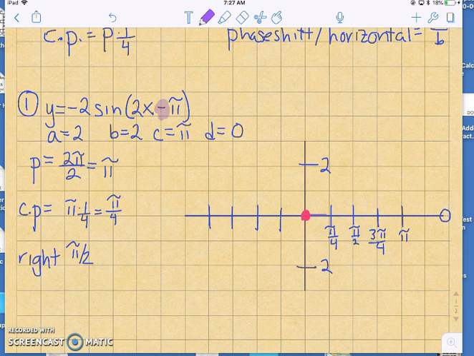So I'm going to move my start to the right pi over 2. And that's my new starting point, we could say. It's a sine, so that's our new start, but it's negative. So instead of going up, it's going to go down, middle, high. So that point will be used again.